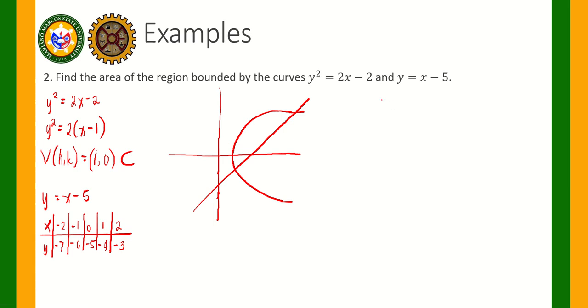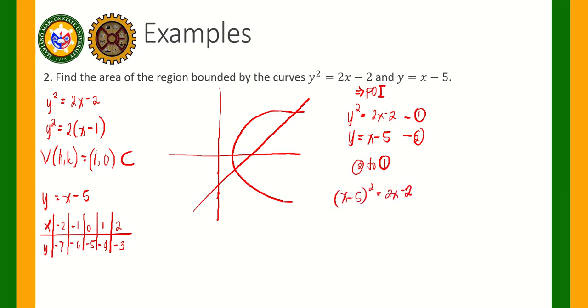Now for the point of intersection, so we have y squared equal to 2x minus 2. Tapos y is equal to x minus 5. Okay? So what we will do is, sige, plug natin si equation 2 dito sa equation 1. So 2 to 1, this is equal to x minus 5 squared equal to 2x minus 2.